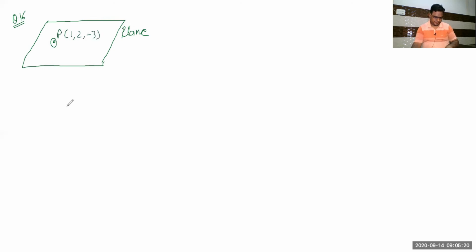Let us draw a figure. Suppose it is a plane. This plane is passing through the point P. So here we have a point, namely P, and its coordinates are (1, 2, -3).